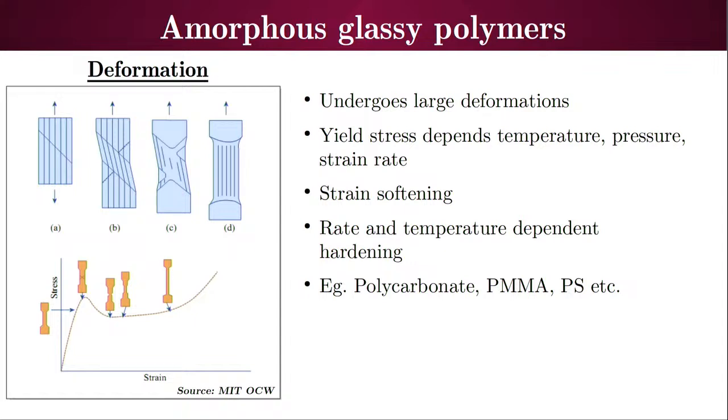There are two ways in which a polymer fails. One is shear yielding, in which it undergoes a large deformation and fails. Another way it fails is crazing. Crazing is the phenomenon where crazes appear ahead of the crack. I don't have a picture.